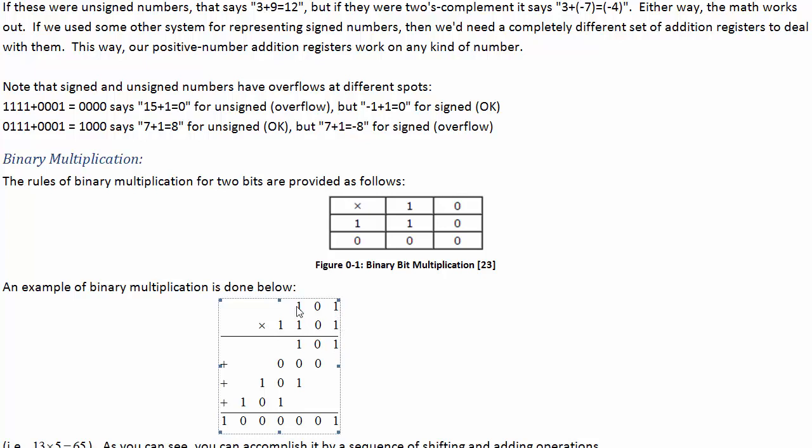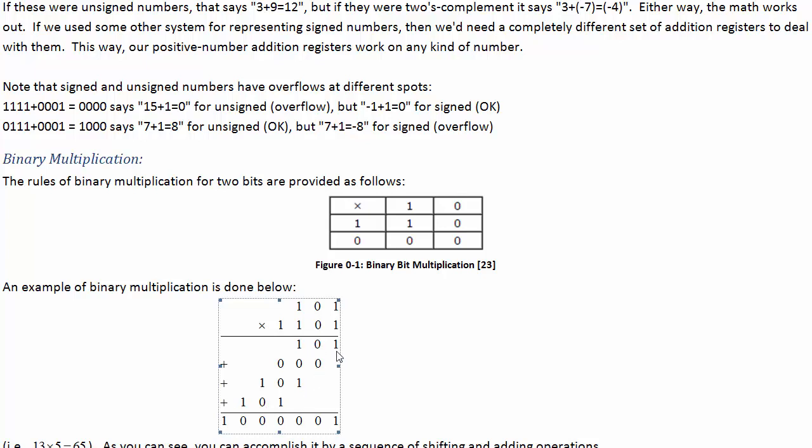So here's how we'll multiply this number by this number. This 1 here means we'll leave the top number alone, 101, and then we'll add it to 0 times it shifted 1 spot, which is this row, and then add that to 1 times it shifted 2 spots, this row, and then 1 times it shifted 3 spots, this row.